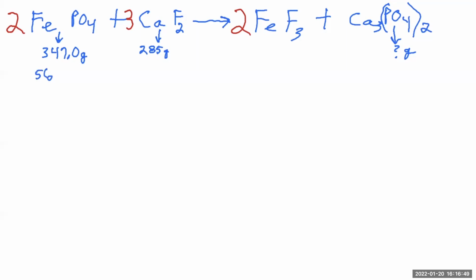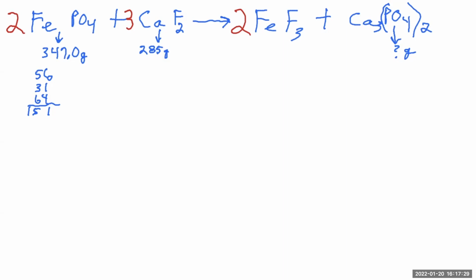Phosphorus is how much? 30.9, so 31. And oxygen is 16, and we have 4 of those, so 64. So the molecular weight of iron phosphate is going to be 151 grams per mole.